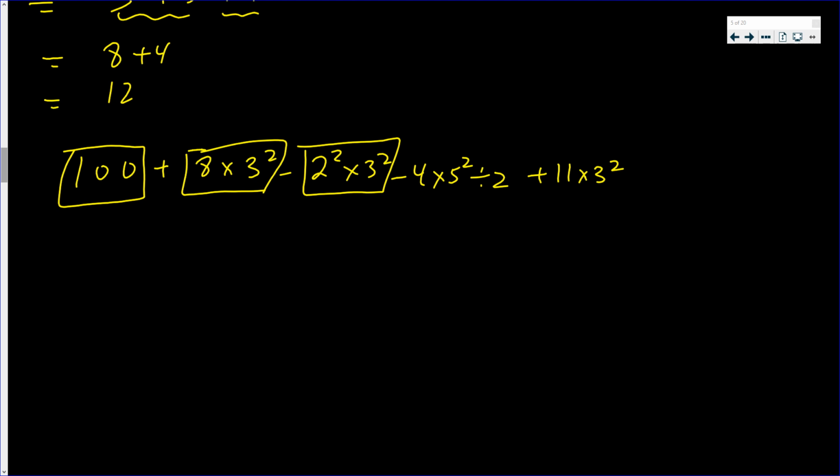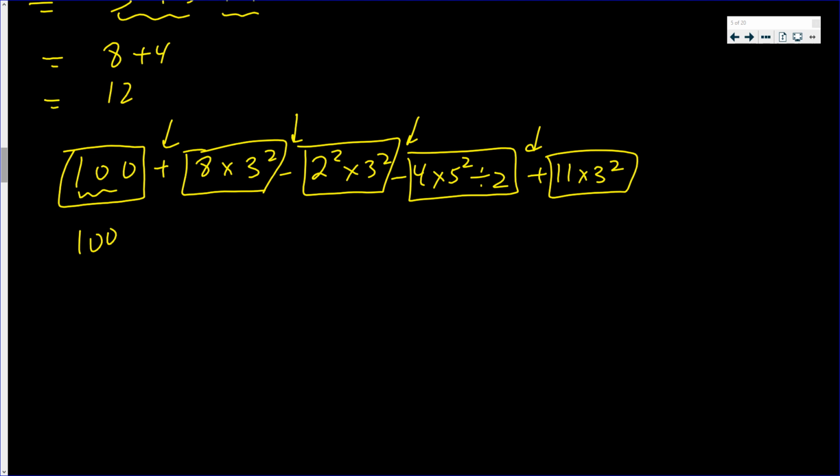That just simply means box everything in but their addition and subtraction symbols. And find the value of each term. Well, this term is easy. It's just 100. The next term we have different factors.